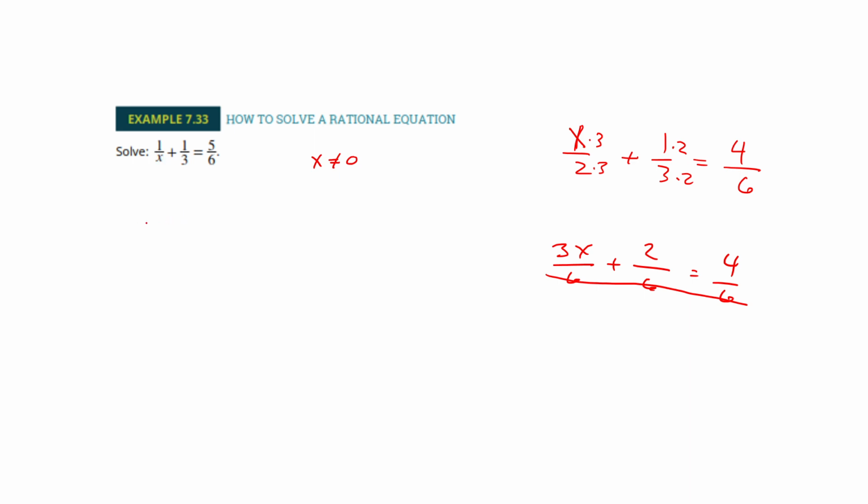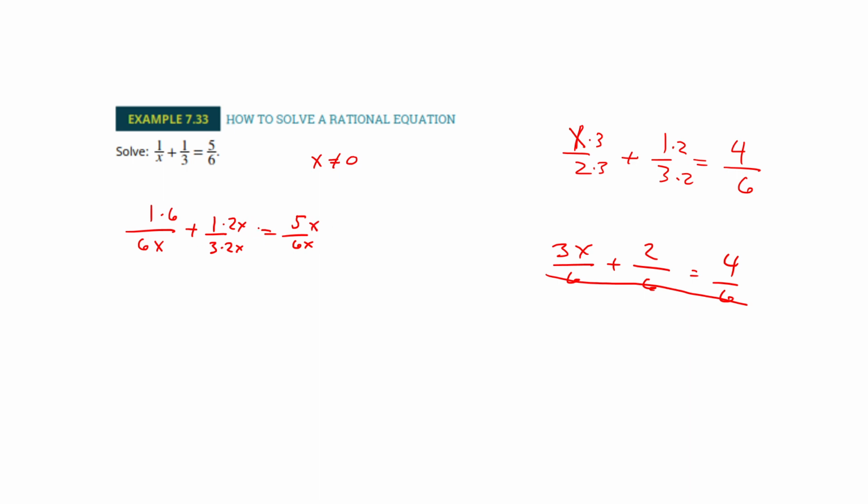So we're going to solve this just like I was telling you. We're going to get an LCD here on the bottom, and it's going to be 6x. So this guy needs the 6, so I'm going to give it to the bottom and to the top. This guy needs a 2x, give it to the bottom, give it to the top. This guy just needed the x, give it to the bottom, give it to the top. These are all the same tools we've been using.